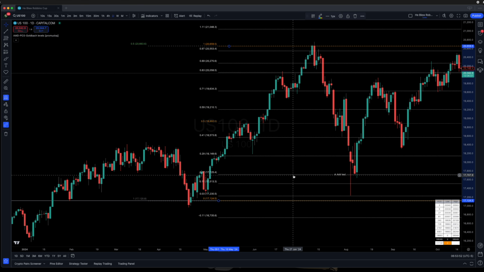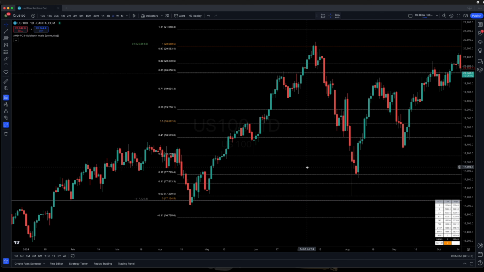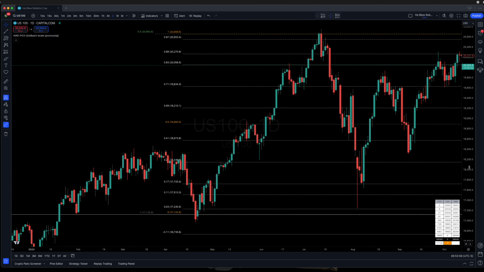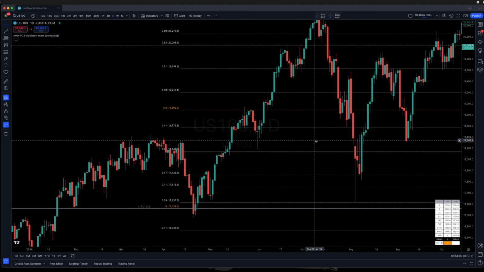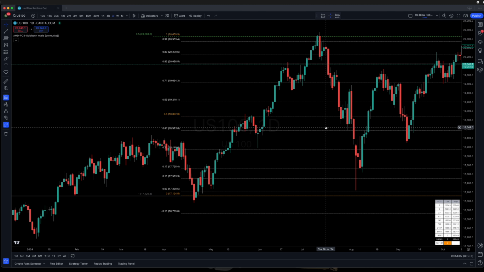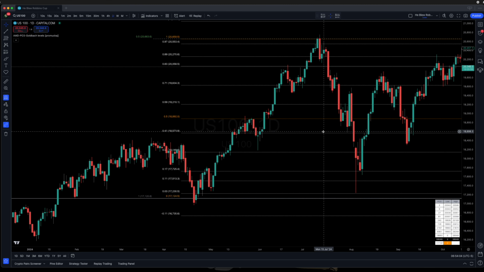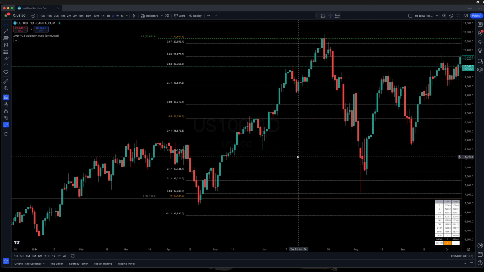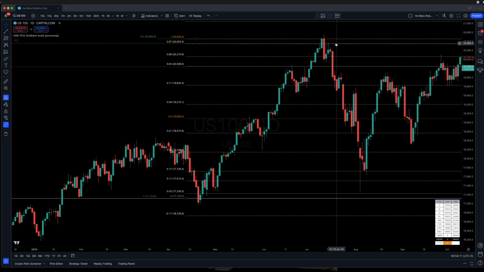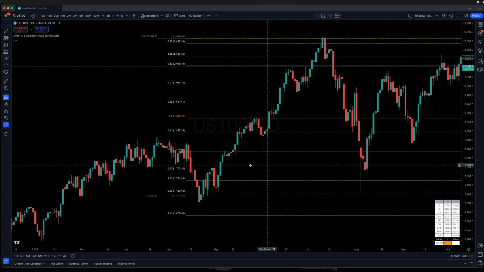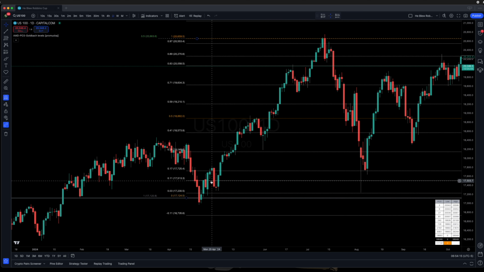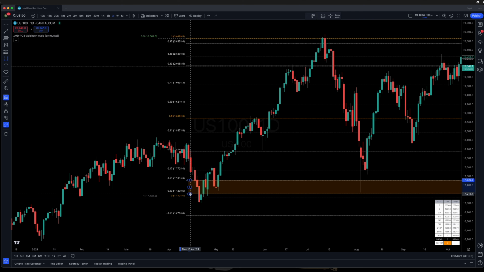Now, market maker models love to run in Goldbach dealing ranges. So you'll see we had an algorithm 1 running. If you would like to learn more about algorithm 1, click the video in the top right. But essentially, the algorithm 1 is the one that moves quickly on market maker models. And you'll see that in this order block level, this order block partition, we have a nice order block.